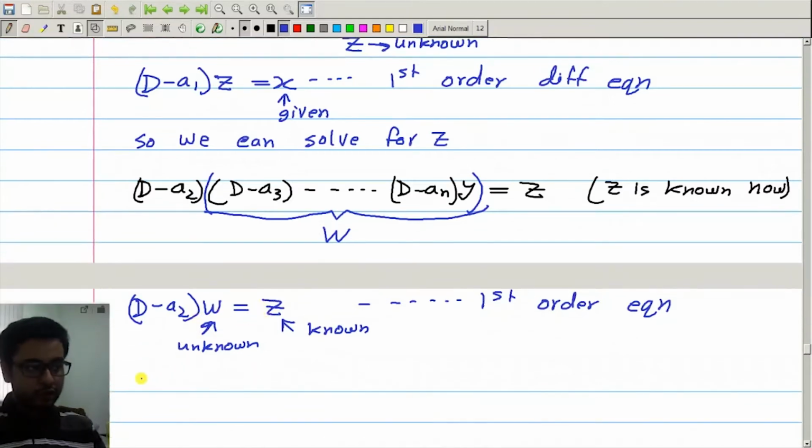So therefore, we can solve for W. Once we know W, then we will repeat this process.